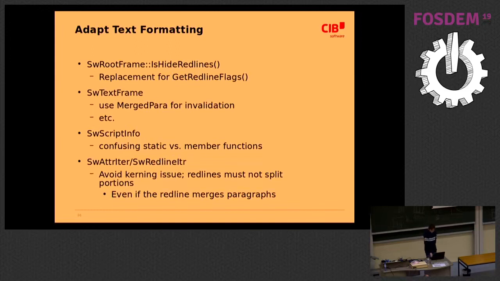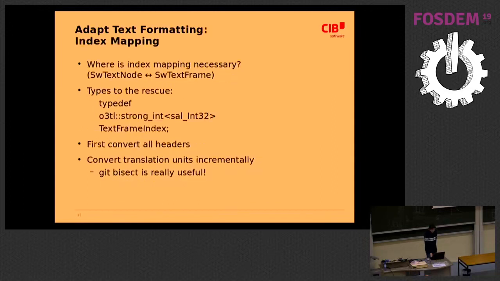So then we of course have this problem that we now have two different indexes. How do we find all of the places that need to convert between these two different types of indexes? In that case, what really helped a lot is that we leveraged the type system to find all these places. We use this strong int template, which basically is a wrapper around an integer, and which only has explicit conversion between itself and the underlying integer type.